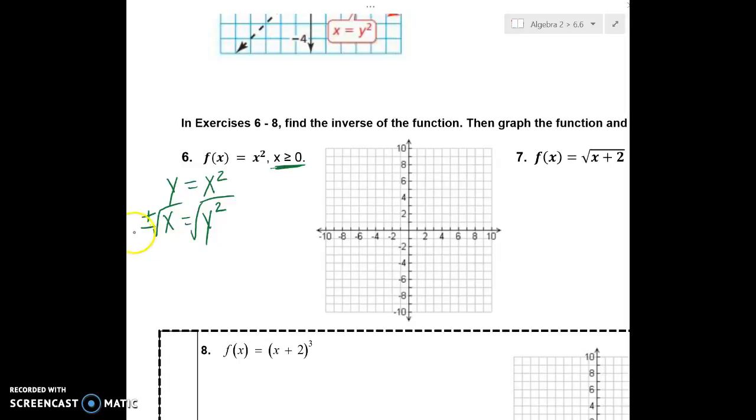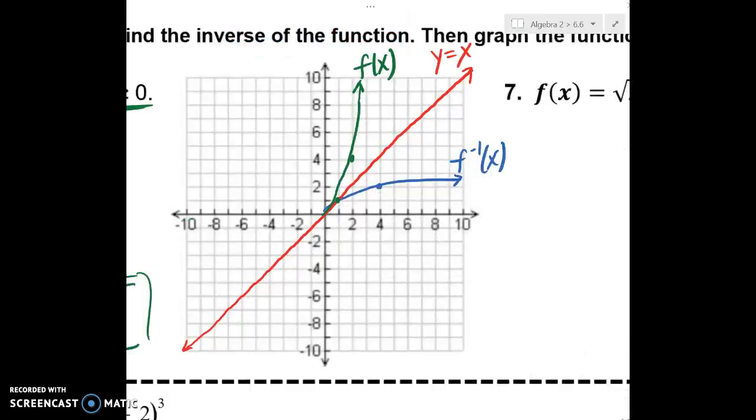So we can get rid of that negative. So y is equal to the positive values of square root of x. Now we replace the y with f to the negative 1 of x. And we're going to go ahead and graph those. Okay, so this is the graph of the line of reflection, f of x, and its inverse.